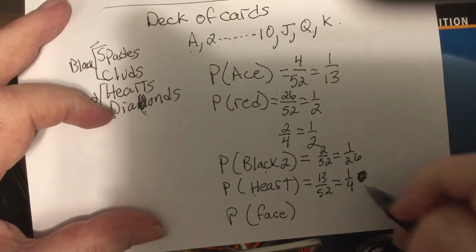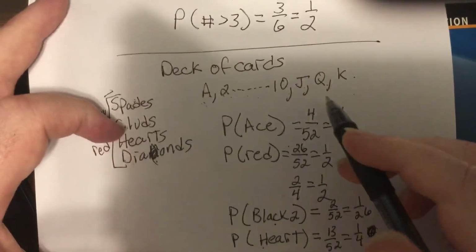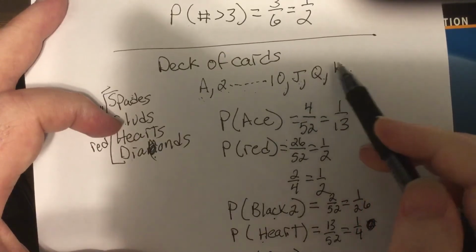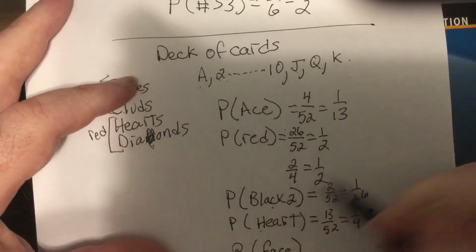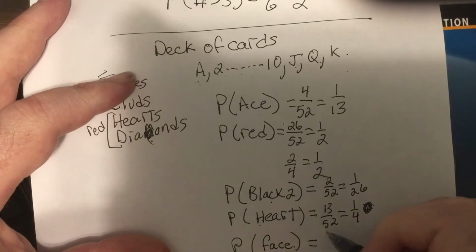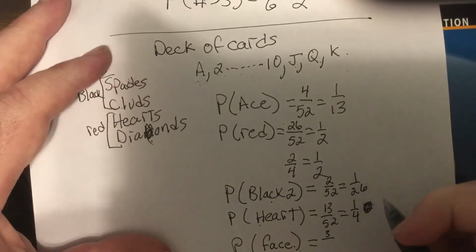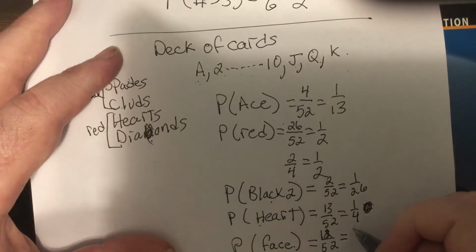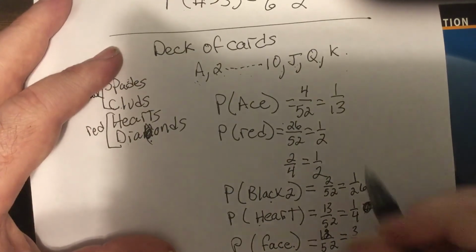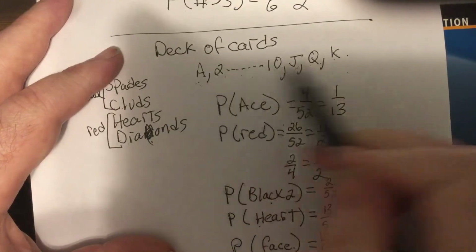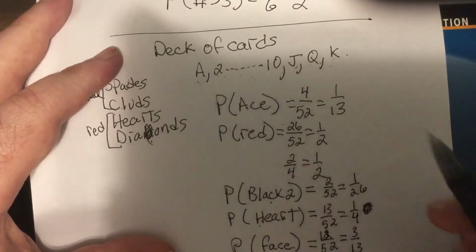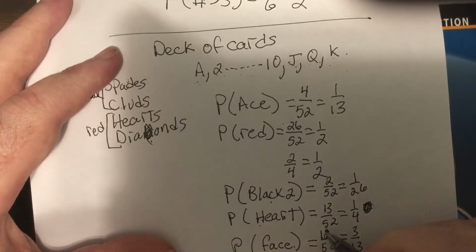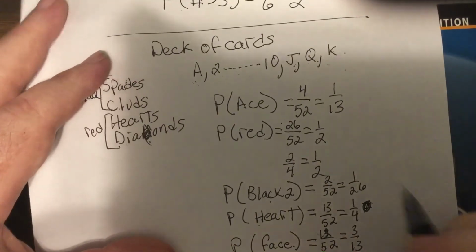And a face card is either a jack, a queen, or a king. So it'd be 3 for each suit, so you could go 12 out of 52. Or you could say 3/13, because there's 3 cards out of a single suit. So 3 out of 13 cards, or 12 total cards out of 52.